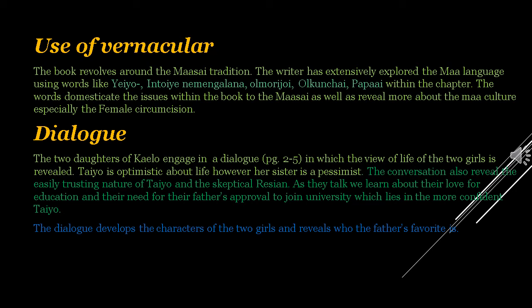As they talk, we learn about their love for education and their need for their father's approval to join university, which lies in the more confident Tayo rather. The dialogue develops the characters of the two girls and reveals who the father's favorite is.